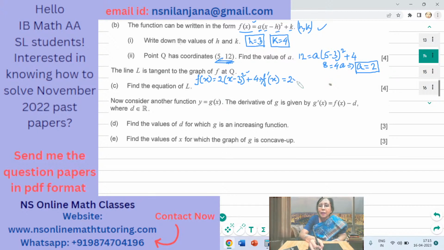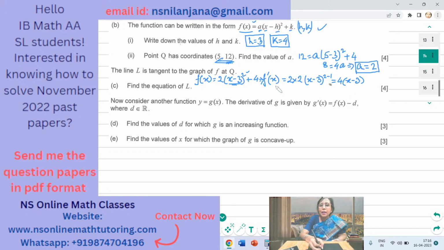The power will be coming down, so it is 2 times 2. Then the expression will be raised to the power reduced by 1, so it is 2 minus 1. And plus 4. 4 is a constant whose derivative will be equal to 0. So this is equal to 4 times (x minus 3). Okay.